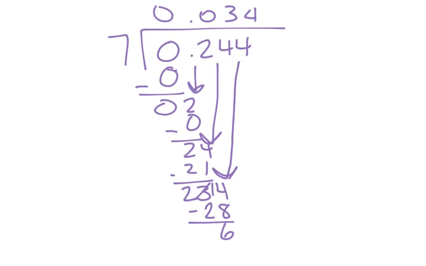Now the interesting thing here is that you're gonna either keep going until you get to 0 or until I give you a certain number to stop at. Okay. We're going to stop at 4 places after the decimal because I want to show you something. Okay, so you see here we have 6. We're going to put a placeholder 0 and bring it down. Okay, and then we'll do 8 times 7 gives you 56.